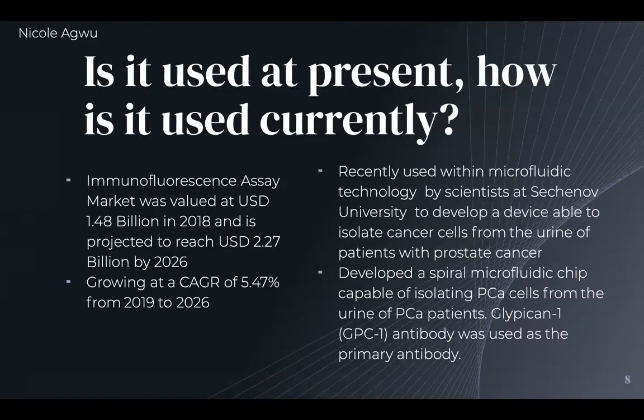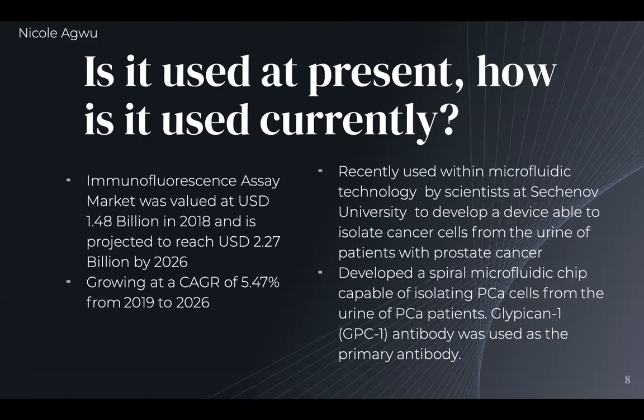Is it used at present, and how is it used currently? So the immunofluorescence market was valued at $1.48 billion in 2018 and is projected to reach $2.27 billion by 2026. So it's growing at a compound annual growth rate of 5.47% from 2019 to 2026. So it is still being used, and it's going to continue being used.